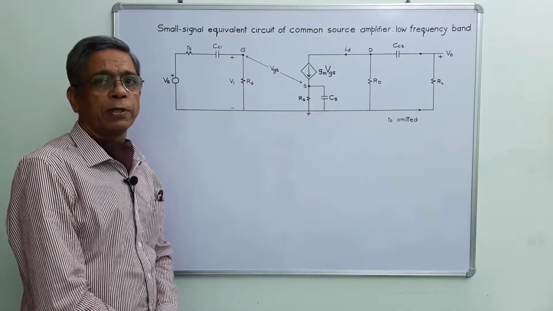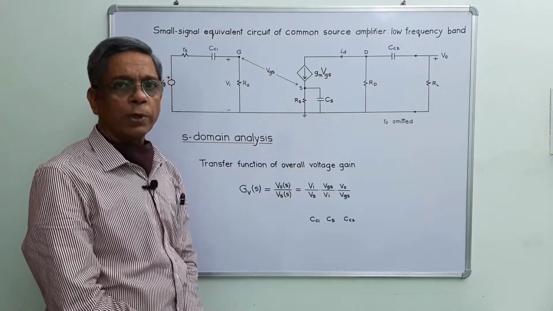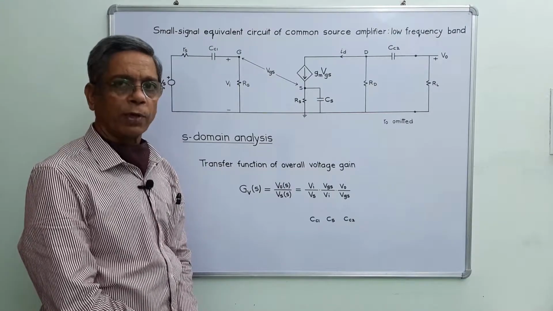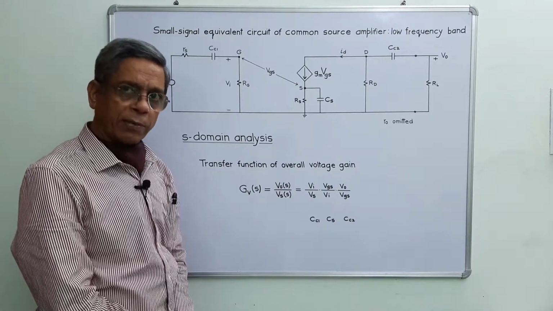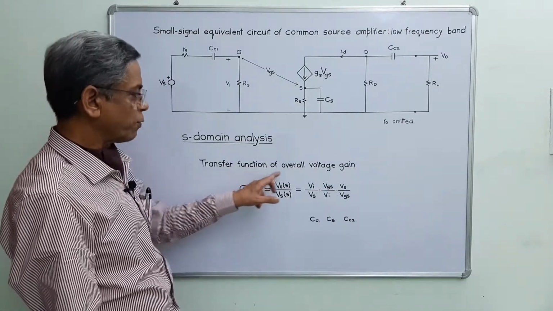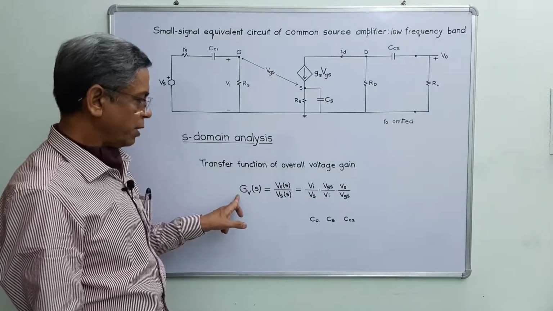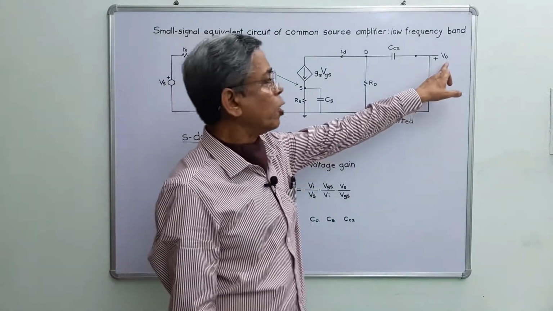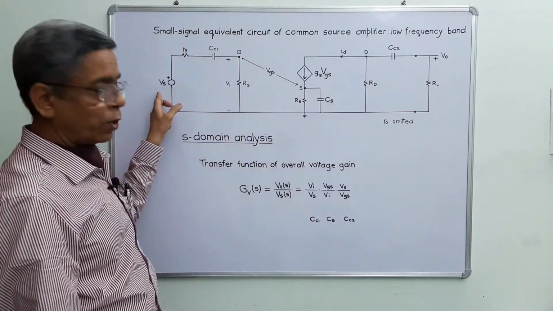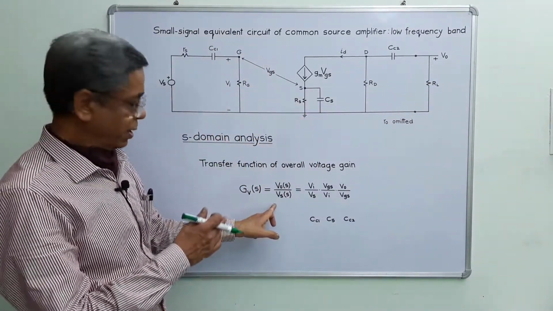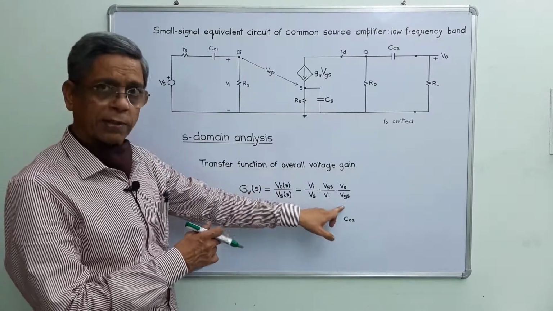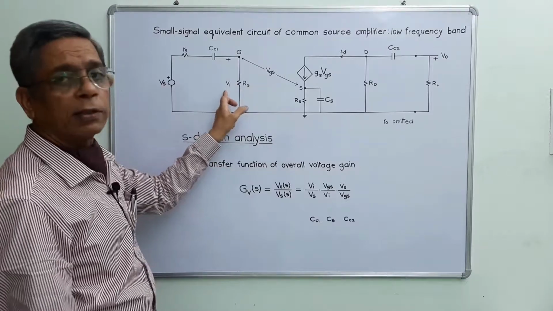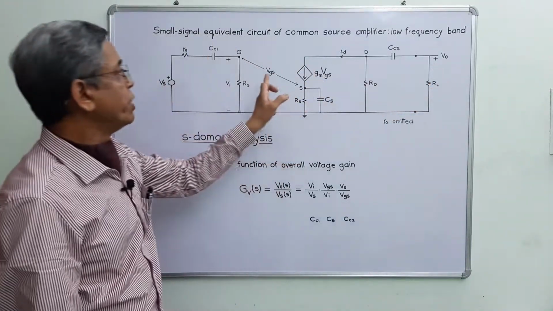Just on the next page, let us have S-domain analysis for common source amplifier for the derivation of lower 3 dB frequencies. We can write the transfer function of overall voltage gain GV, that is the ratio between output voltage and input voltage, and we can split this fraction into three parts. The first is Vi by Vs, the second is Vgs by Vi, and the third is V0 by Vgs.